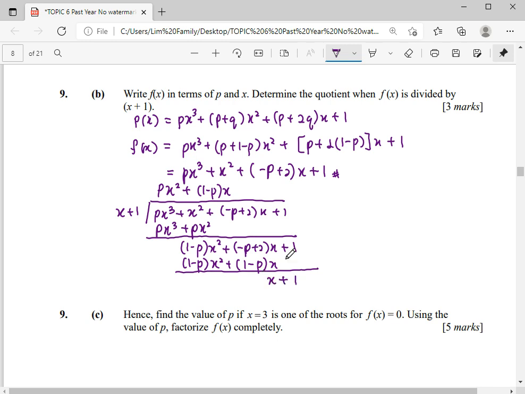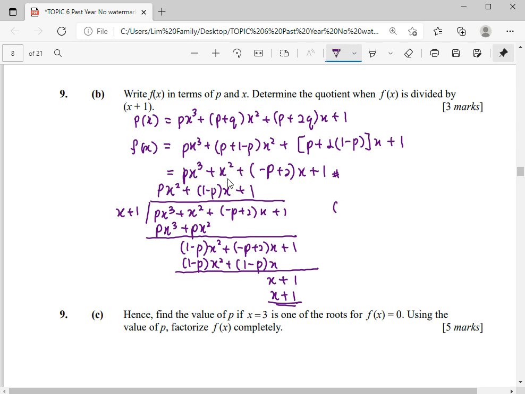So continue, drag down the 1, because here is 0, 1 minus 0 is 1. So you can see I need a 1 here. 1 times x plus 1, we get x plus 1. So no remainder here. So what is our quotient? The quotient is this part.